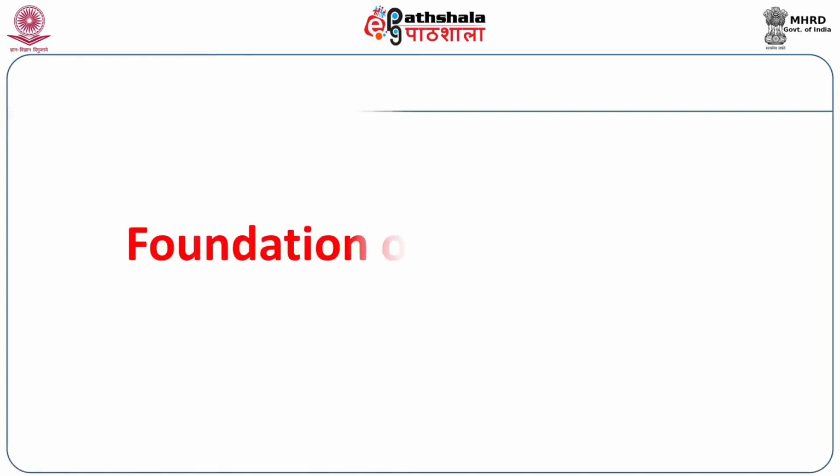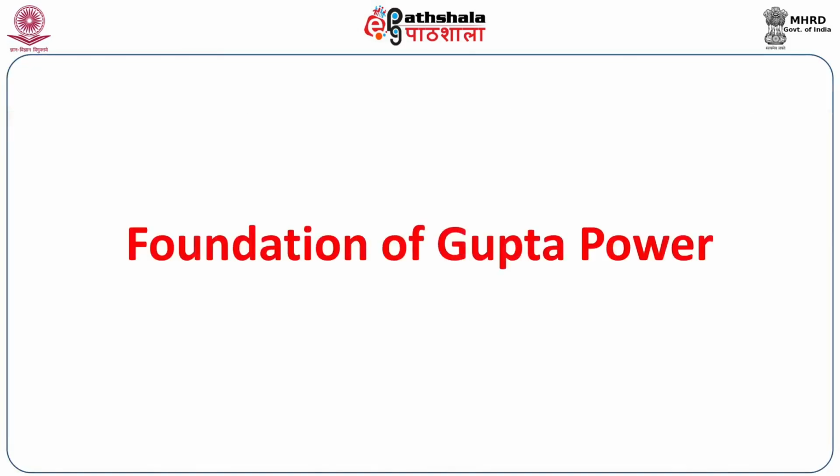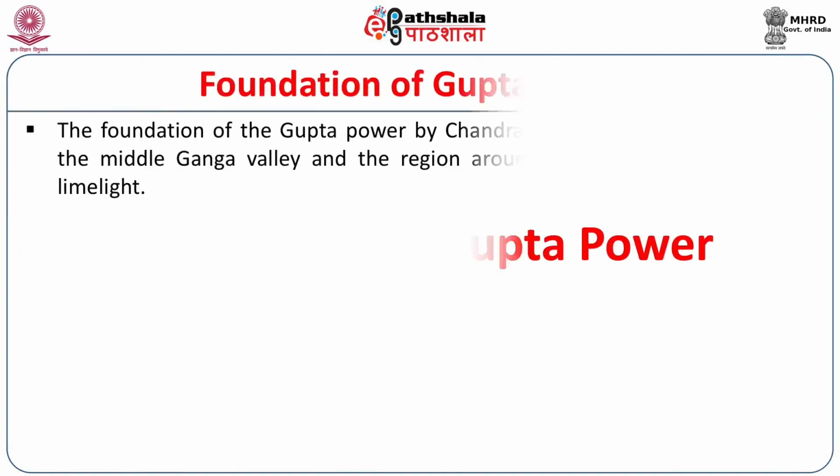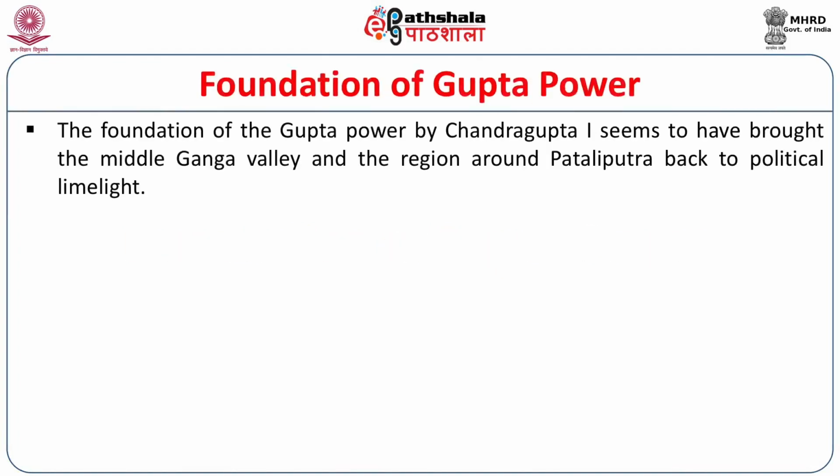Now we shall move on to the scenario where the non-monarchical powers are located in an area, and finally the foundation of the Gupta power can be noticed. The Gupta power was founded, as we know, by Chandragupta I, and it brought the middle Ganga valley and the region around Pataliputra back to the political limelight.